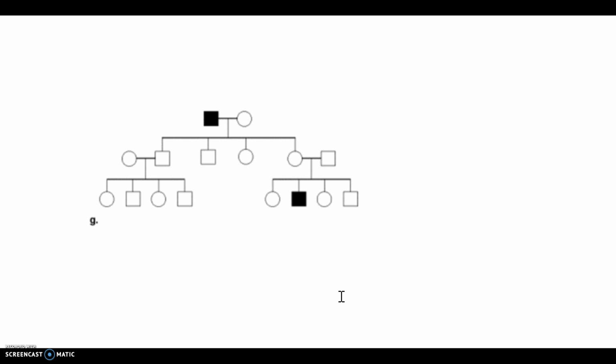It's very much only in males, and you can also see that it seems to be skipping generations. So what's happening here is this person might be X little b, Y, say. This mother doesn't have the disorder, so she's X big B, X little b, but that means that this son must be X little b, Y.